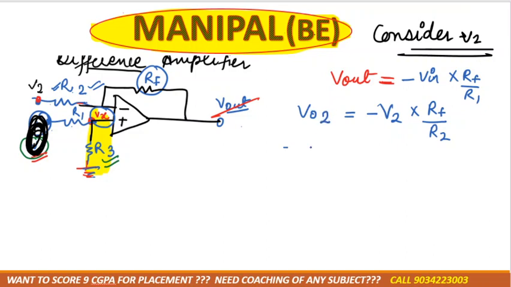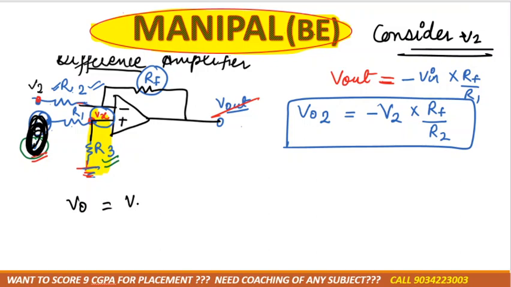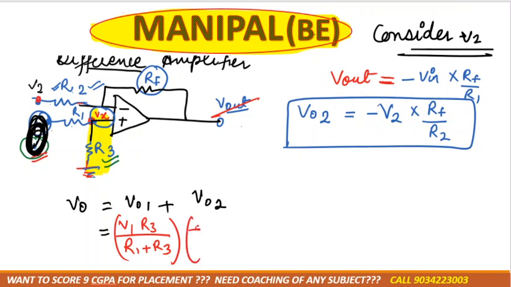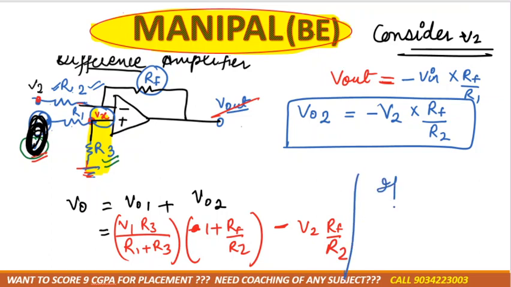So finally we need to calculate V0, that would be V01 we have calculated from this case, that is V1 R3 by (R1 plus R3) into (1 plus Rf by R2), minus V2 Rf by R2, correct?